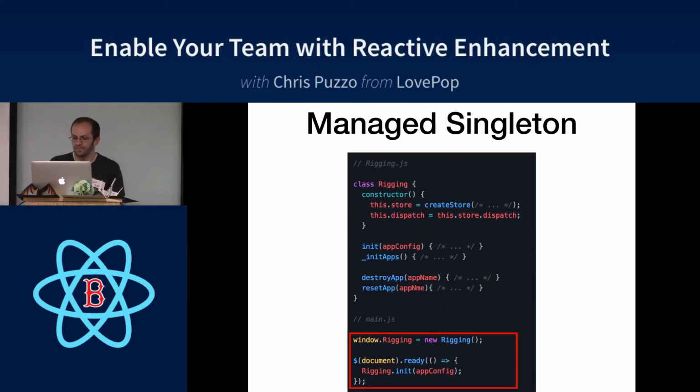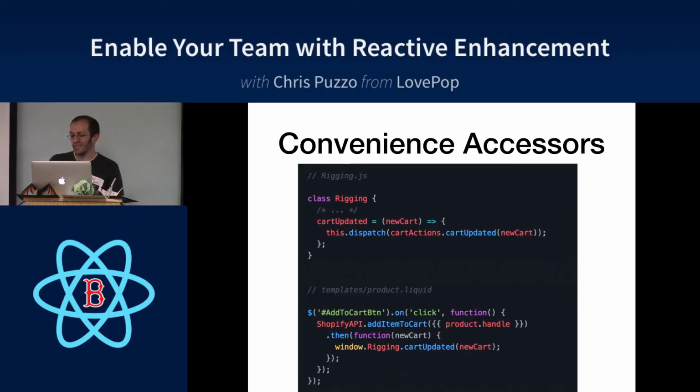Cool. So now that we have that config, we need a managed singleton to drive all of this. This is our root rigging object, our root app object. Its constructor, when it gets created, actually creates the store. And not only does it create the store, it maintains a reference to the store.